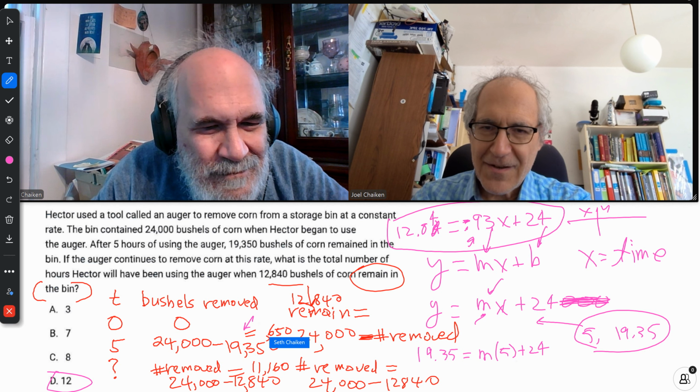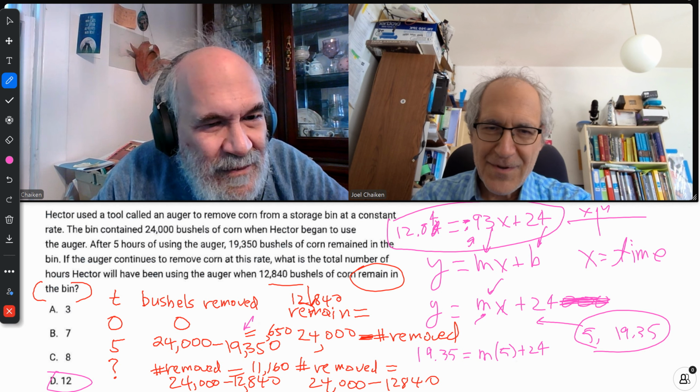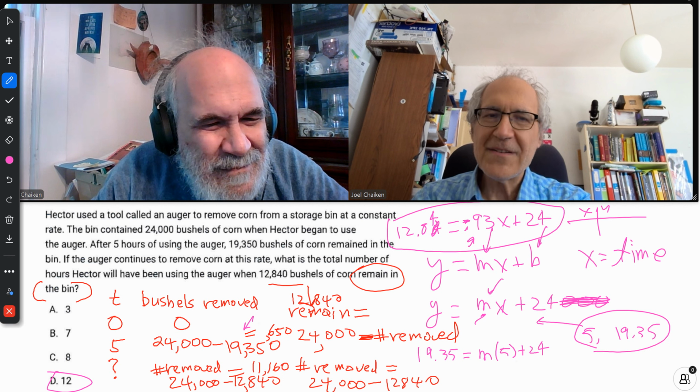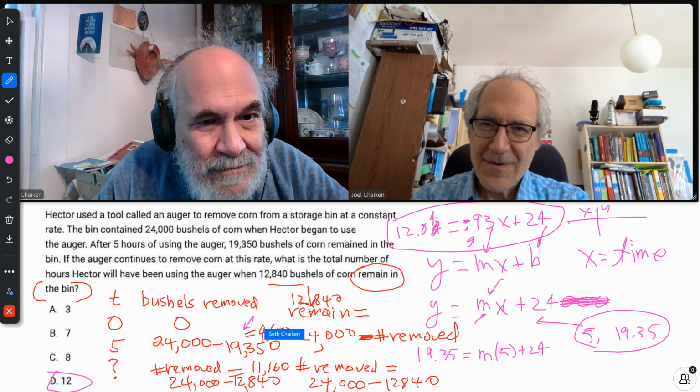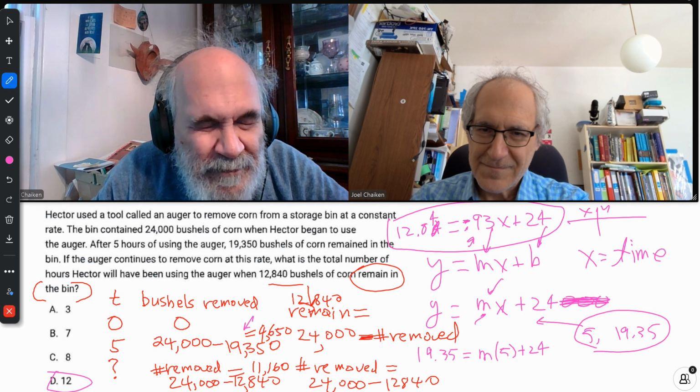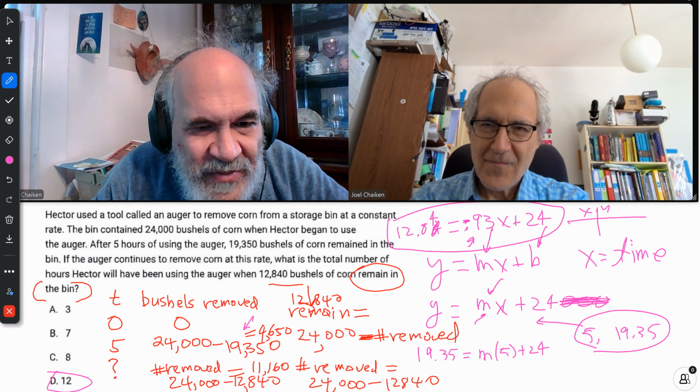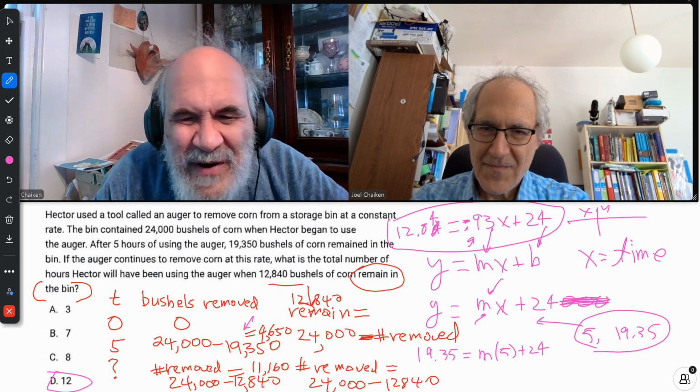Seth, you're still writing. Do you have any other comments on how to do this problem, either more efficiently or another point of view of it? Well, I'm figuring it out. So the slope is 4,650 divided by 5.